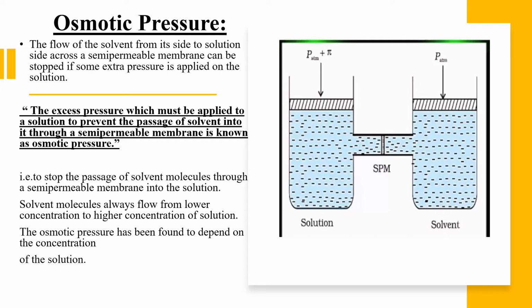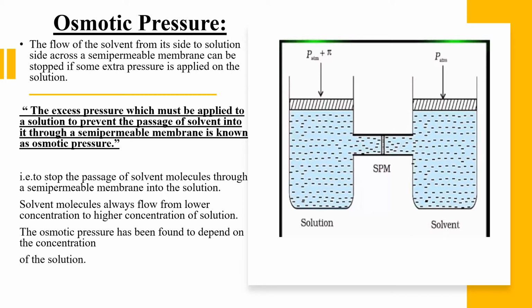Next is osmotic pressure. The flow of the solvent from its site to the solution site across the semi-permeable membrane can be stopped by some extra pressure applied on the solution site.